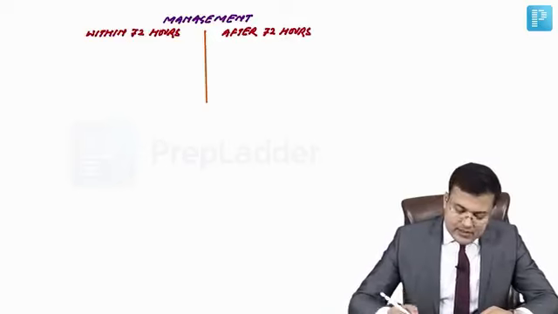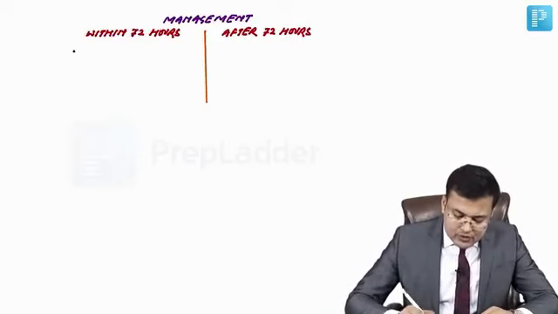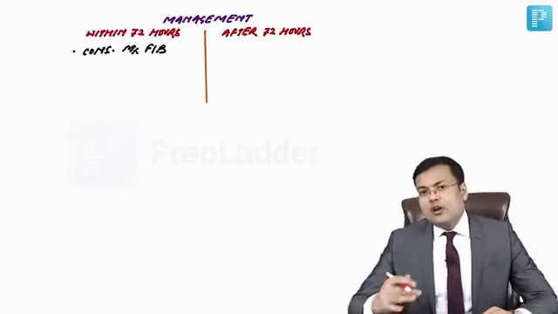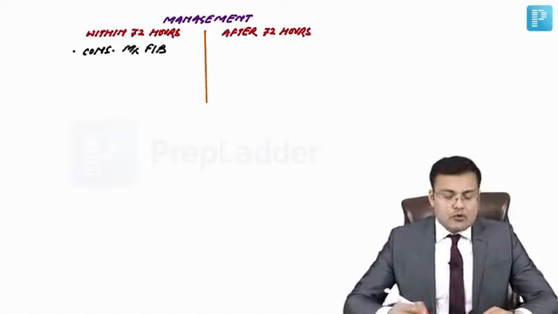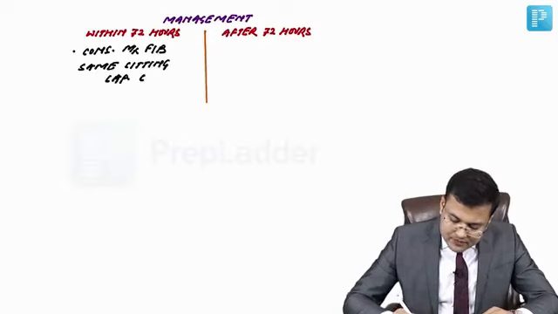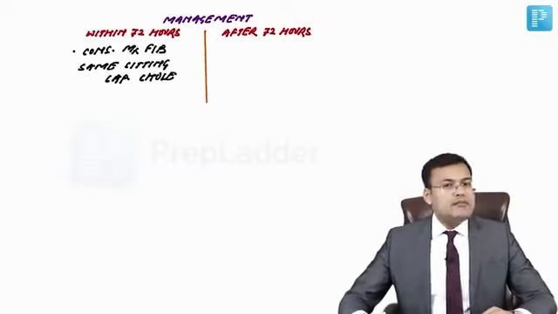So if the patient comes within 3 days or within 72 hours, we go for conservative management, followed by in hospital or same sitting laparoscopic cholecystectomy. Clear?